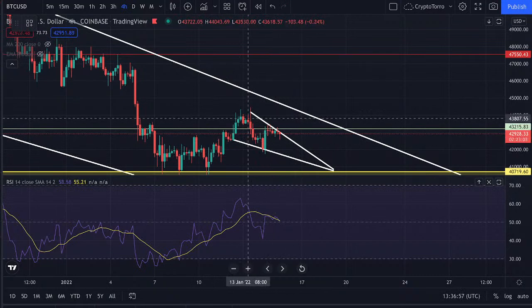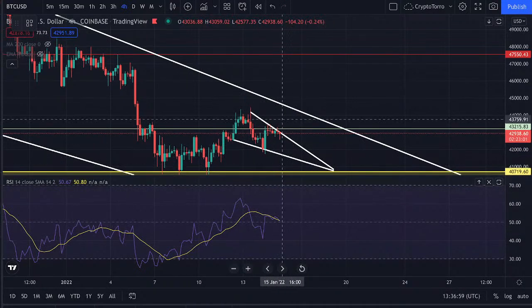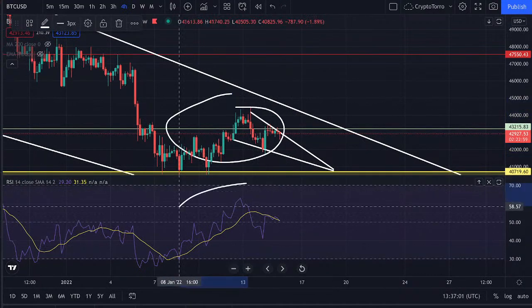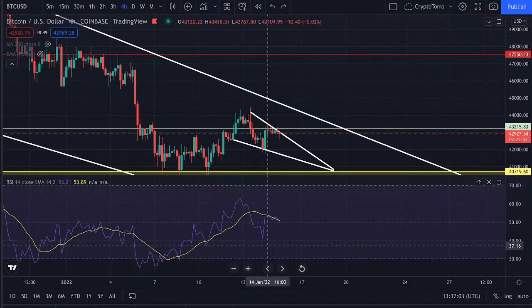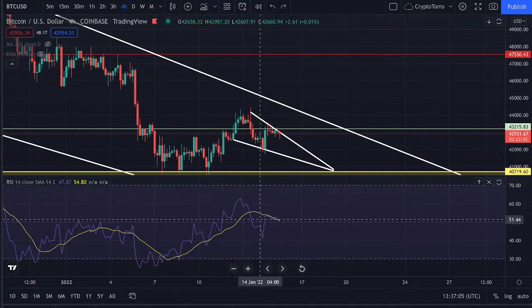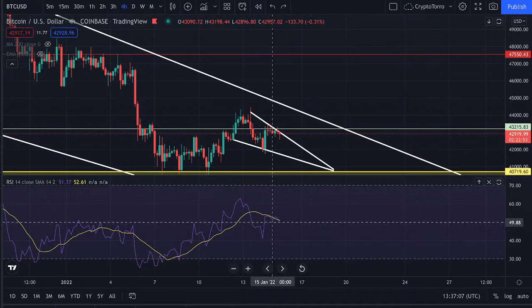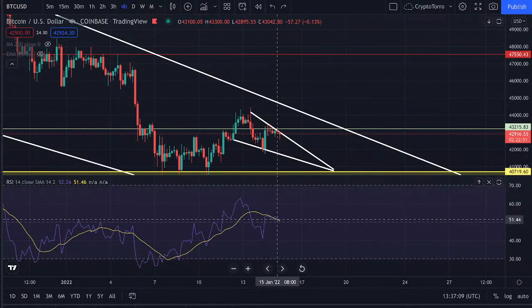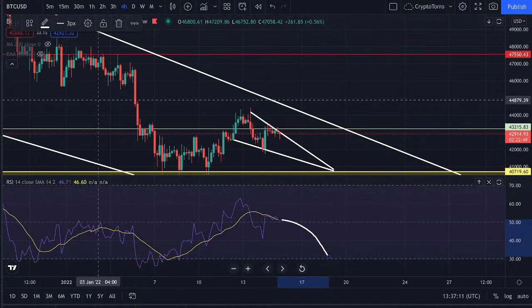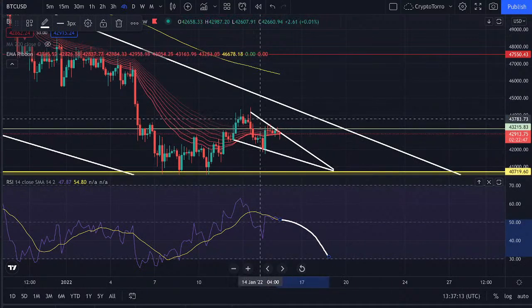But right now, actually everything looks very similar on both scenarios, and this is one of the reasons why we are right now actually possibly going to see a further decline, because we are getting rejected underneath the EMA ribbon on the 4-hourly time frame.